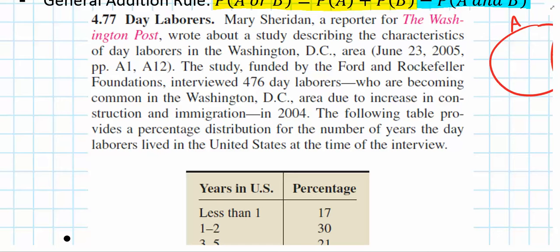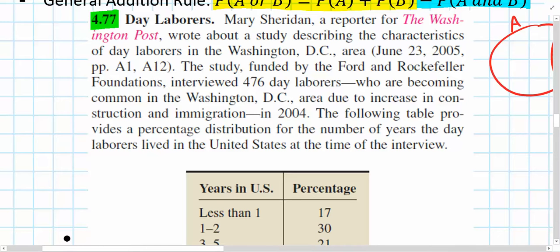So this problem comes from the same section as the others. It's number 4.77. And we're told that Mary Sheridan, a reporter for the Washington Post, wrote about a study describing the characteristics of day laborers in the Washington, D.C. area. And this happened in June of 2005.